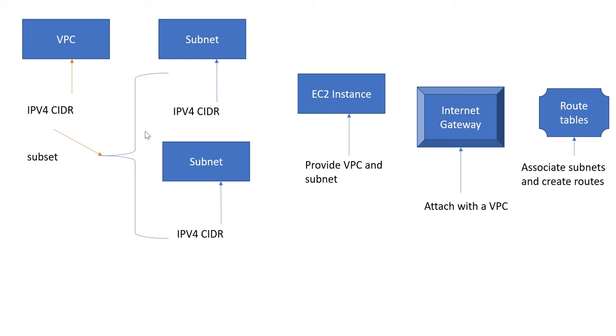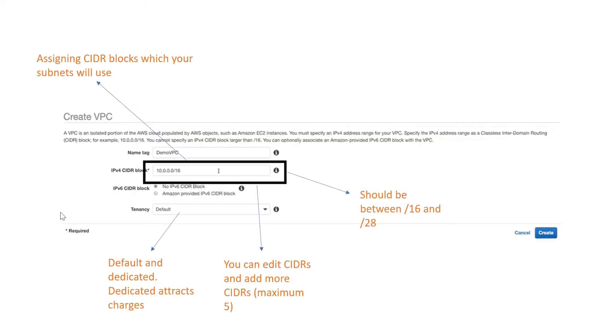One important thing to notice: when you create a VPC, you have to mention a CIDR, just like in this example you see on the screen. This is the place where you provide a CIDR range.